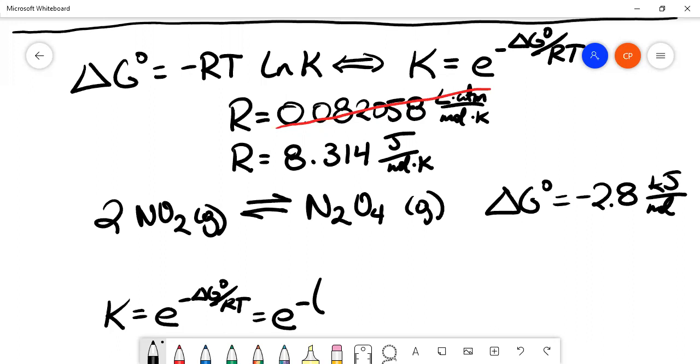Now, this is in kilojoules, this is in joules. When I've got two units running around like this and I'm in doubt, what do I need to do? I better convert somebody. Who needs to get converted? Energy needs to get converted from kilojoules per mole to joules per mole.